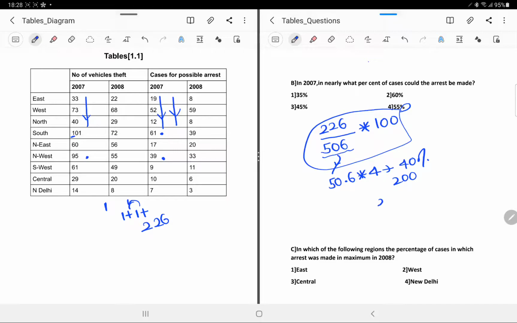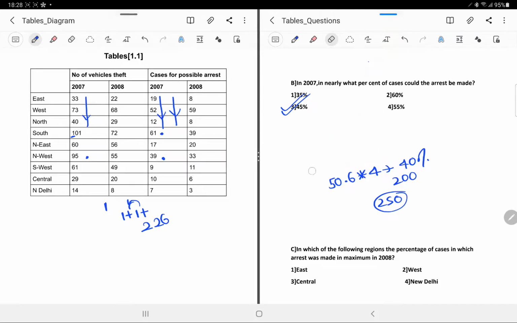Okay, and the 50% would be 250 something, and we have to find out 226. So from the options we could easily get that this is 45%. You don't need to solve accurately until and unless required. You can just go for the approximation as well. Okay.